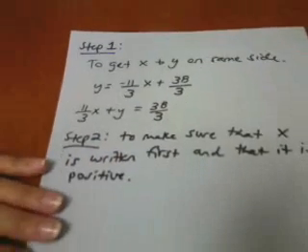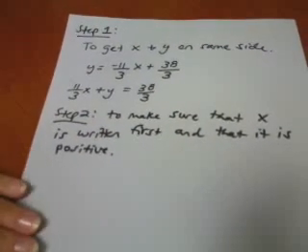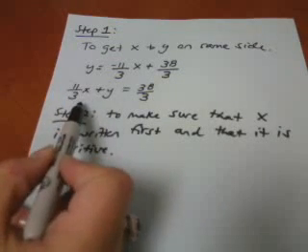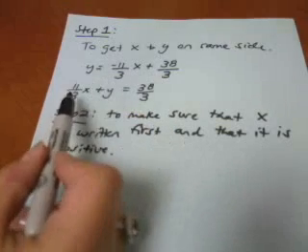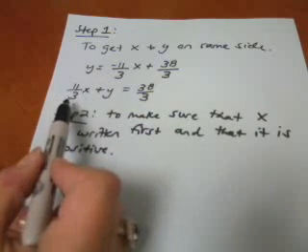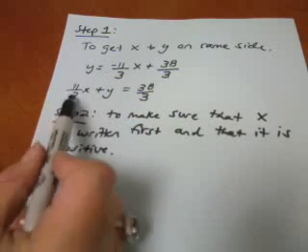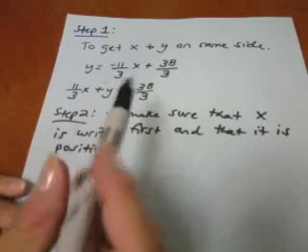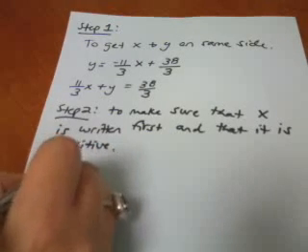If you look back up at our problem, when I moved it, I went ahead and put it first, and it's already positive, so I don't have to worry about that. If it had been negative, the way you fix that is you would change all of your signs. So step 2 we don't have to do here.